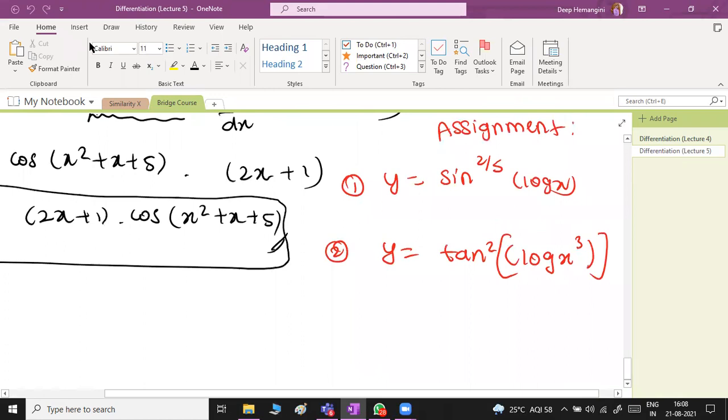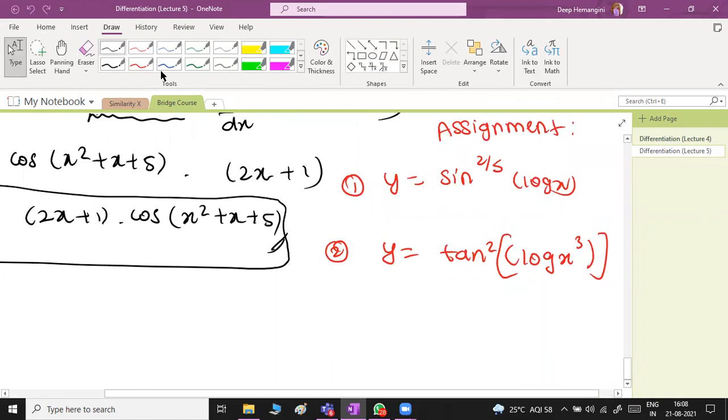So here it is. Let's go to the draw part. Allow me to take a pen. Okay, I hope it's visible. So there are two topics remaining. That is chain rule. Then there is one more topic known as double differentiation.